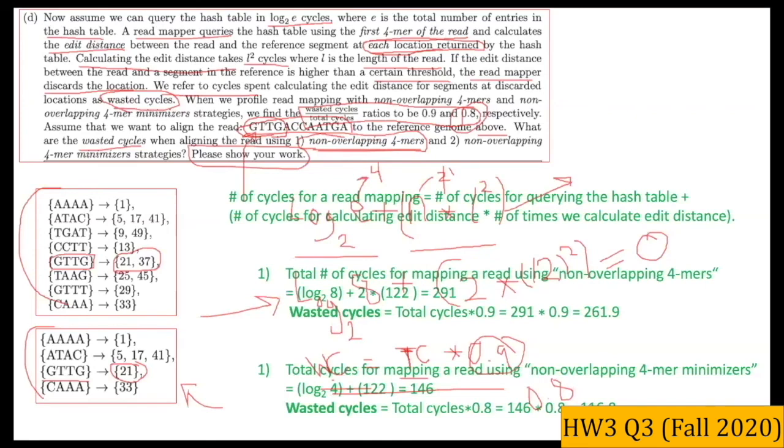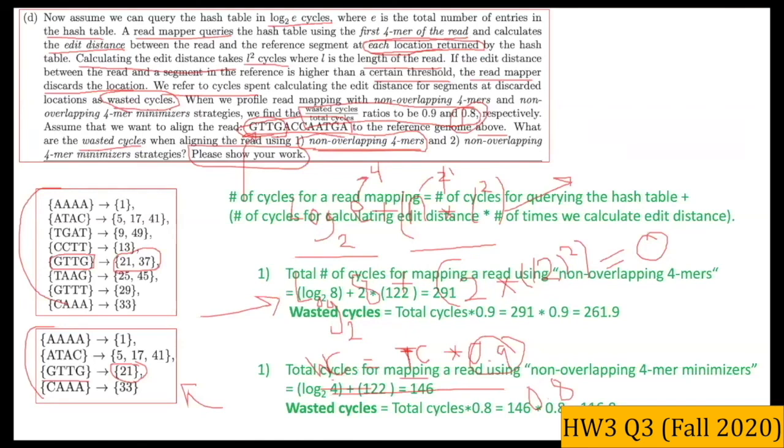That means we have a more time efficient process with the minimizer, because apparently the hash table is basically smaller. So we have fewer entries in the hash table and fewer locations. So whenever we query a seed, we probably get less work to do and fewer edit distance operations.